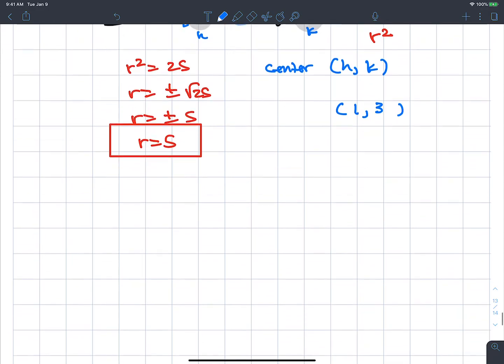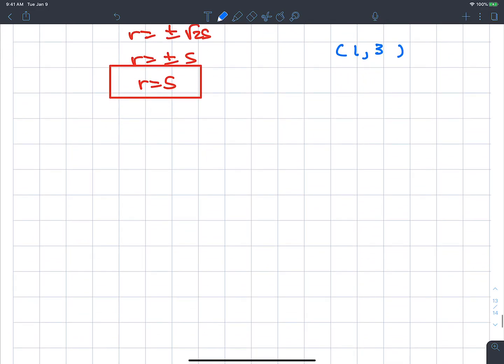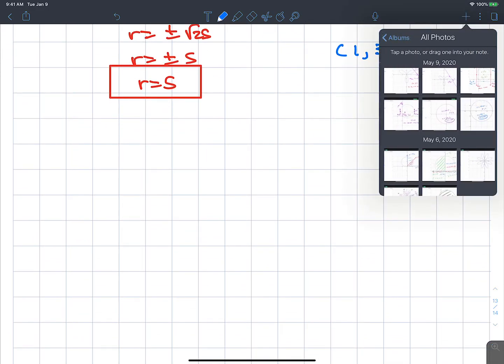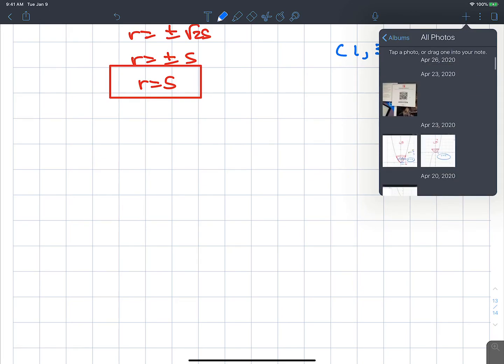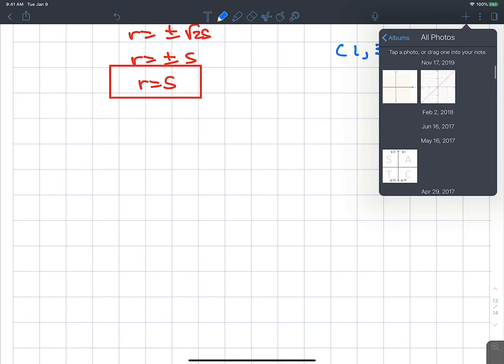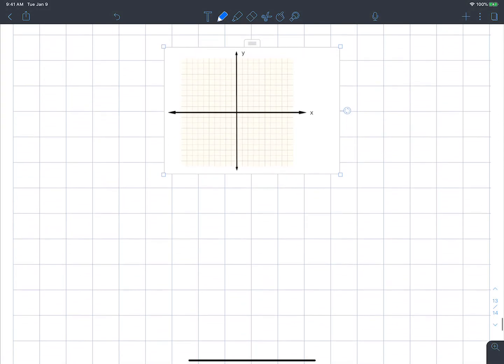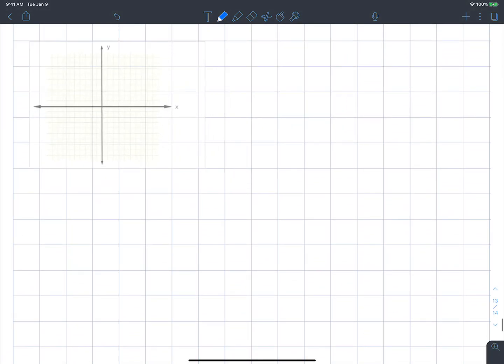Now you say, well, what do we do now with this information? Well, let's bring in our picture here, the Cartesian coordinate graph. Import it. I'm going to move it here.